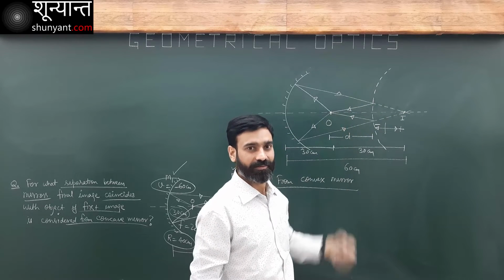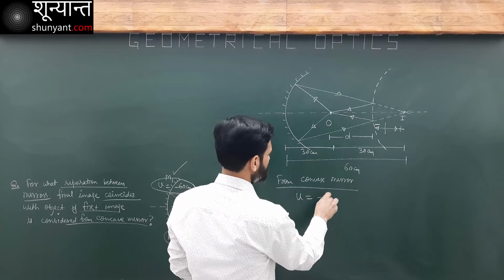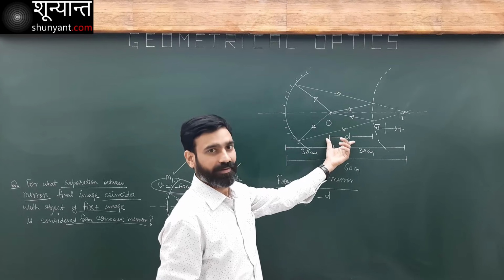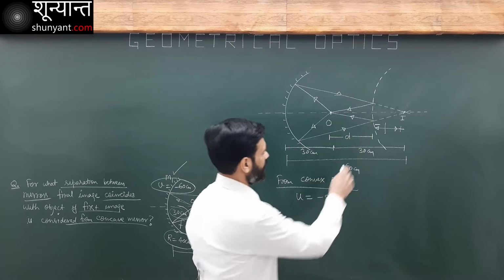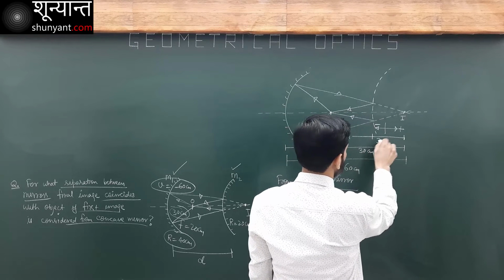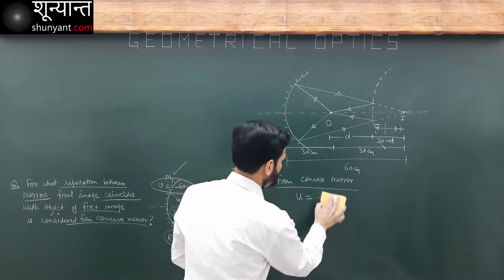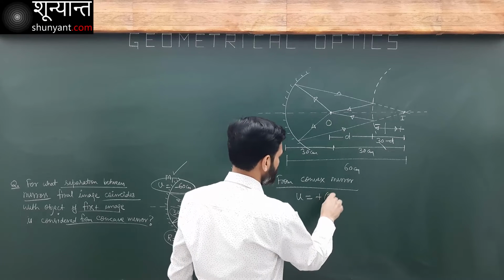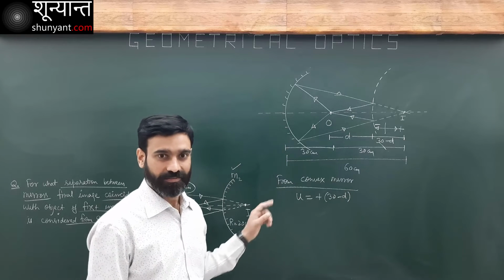What will be U? U is minus D. No, this thing is U. This will be 30 minus D. U will be plus 30 minus D. It is plus.